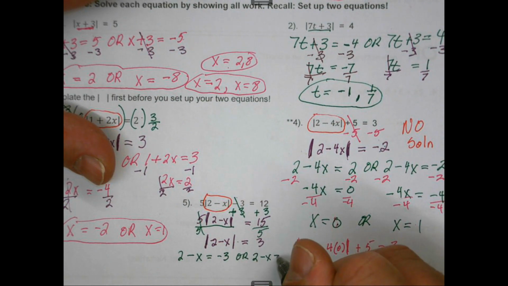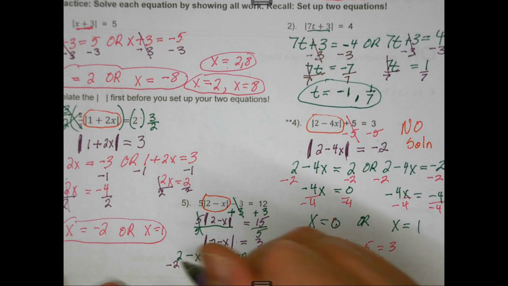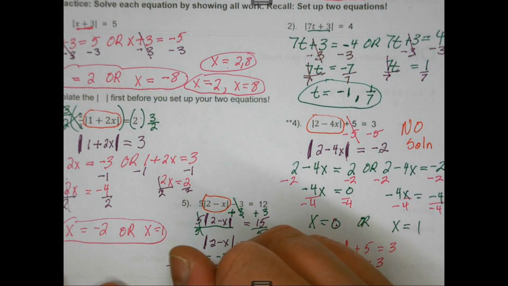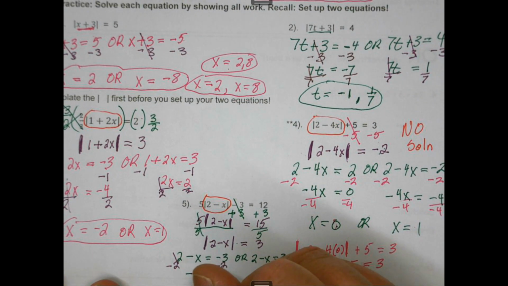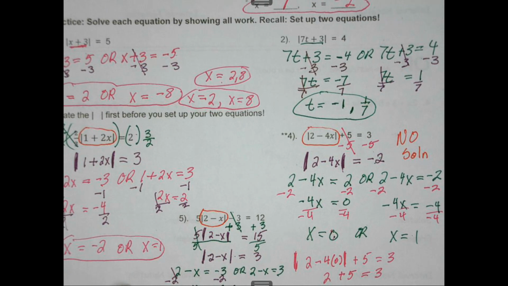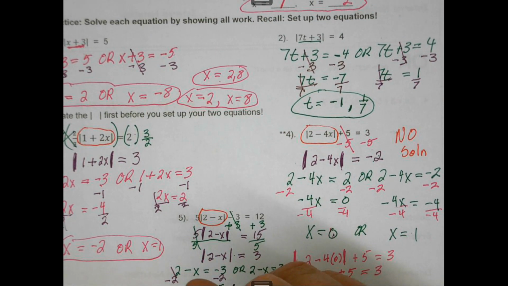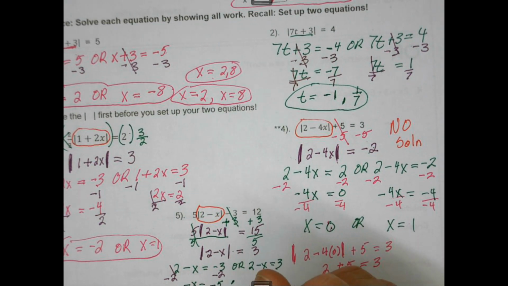And just multiply by negative 1, I get x equal 5. Or, minus 2, I get negative x equal 1. So on this side, I get x equals negative 1. And that's my answer.